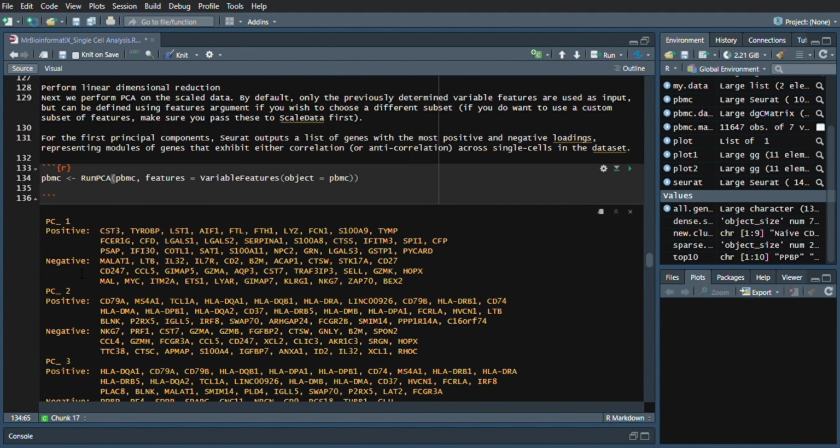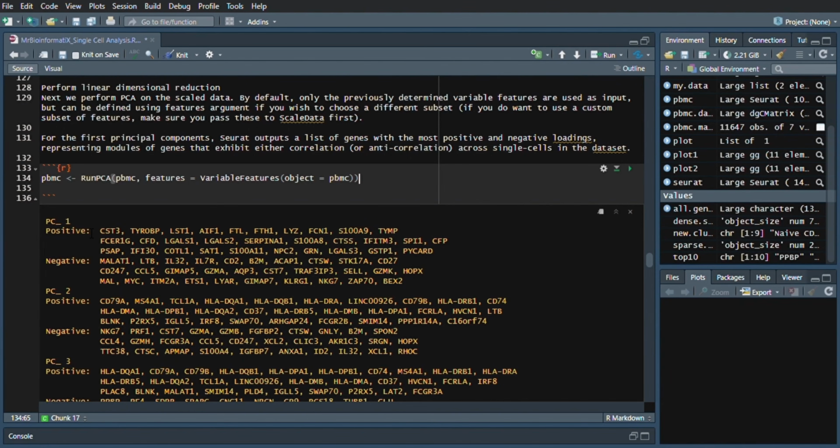For example, PC1 captures the most variation in the data. It represents the direction in which the data varies the most. And PC2 captures the second most variation, and so on. So PC1 might show that some cells have high levels of certain genes, while others do not, revealing a pattern.